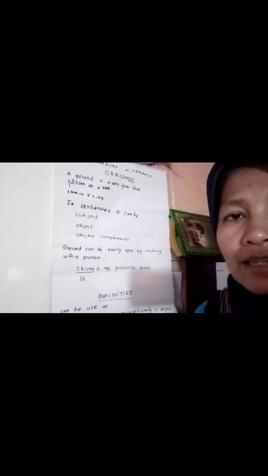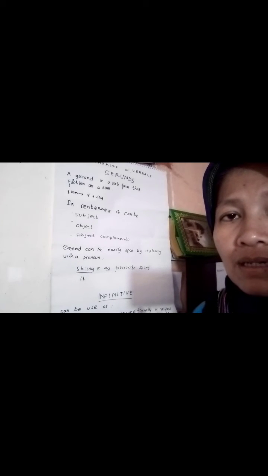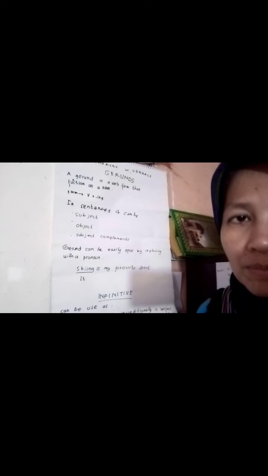The next form is gerund. A gerund is a verb form that functions as a noun. We can spot a gerund easily by the verb plus ing form, but not to be confused with continuous tense. Continuous tense is always followed by to be, or participle.